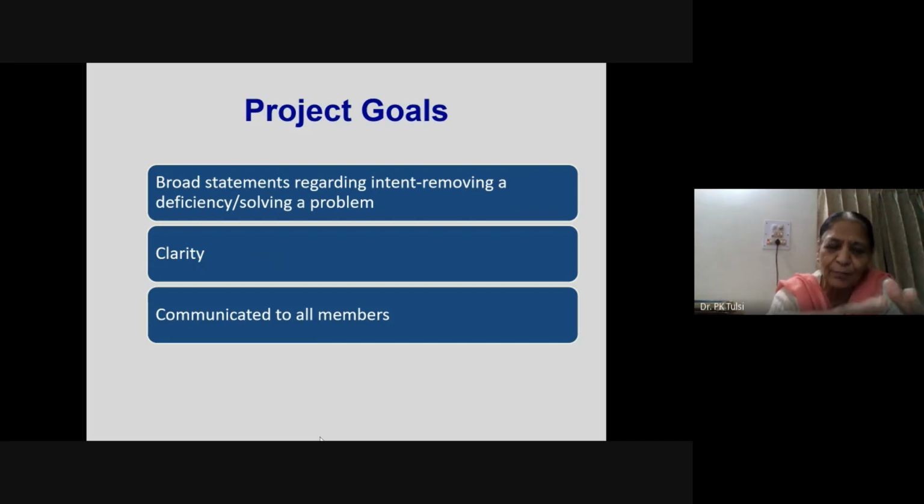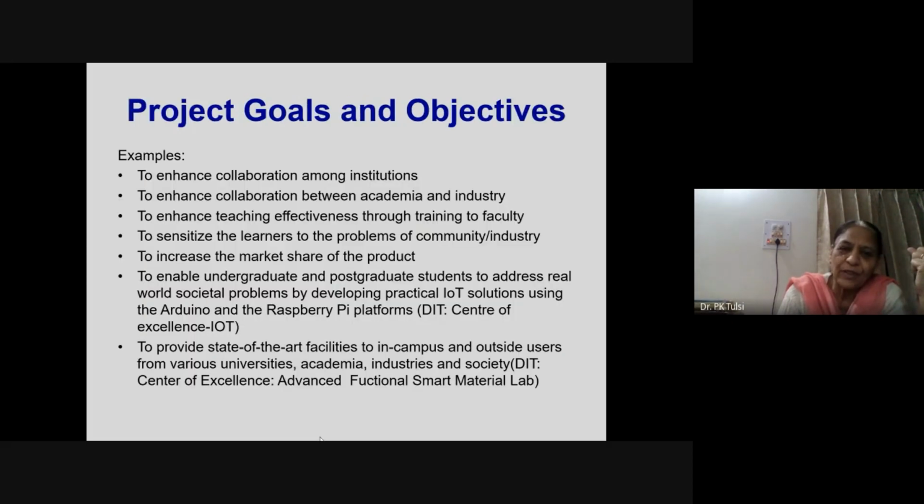I'll just give you examples. These project goals need to be stated very clearly and communicated to all members of the project who are going to implement it. Now here are a few examples of goals.